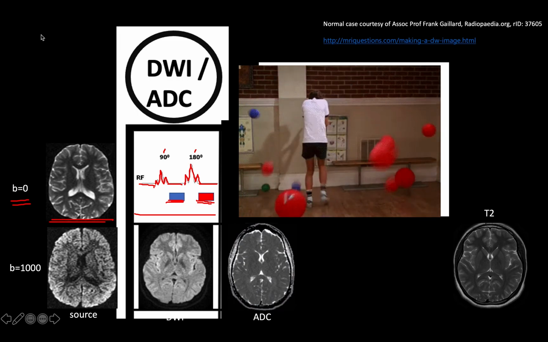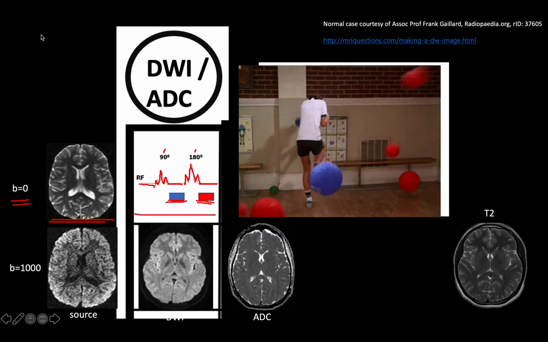Anyway, protons which get hit twice are going to get bright on DWI, while those which are mobile, like free water, are just going to get hit once by this blue dephasing gradient, and will therefore be darker on higher B values.